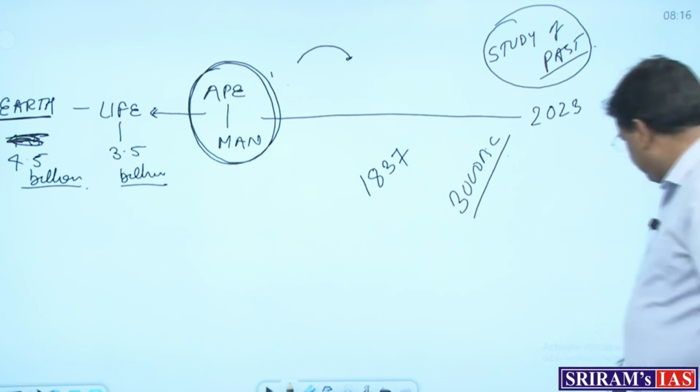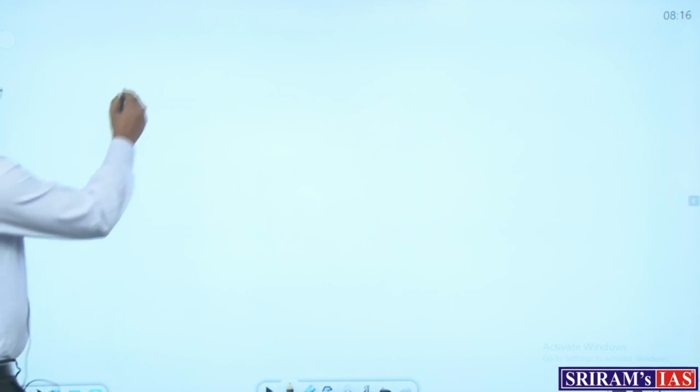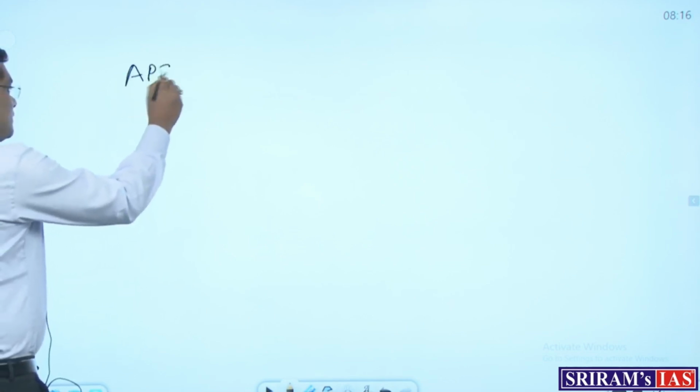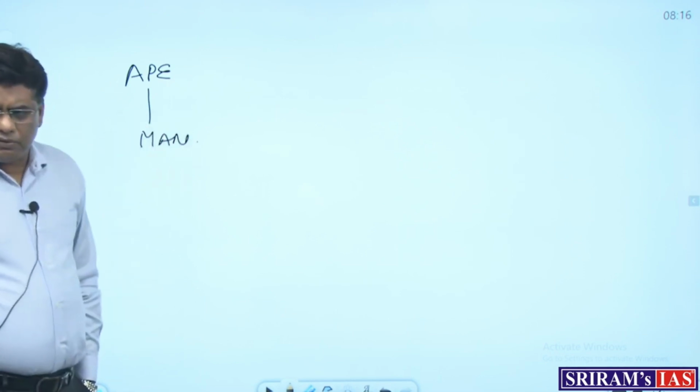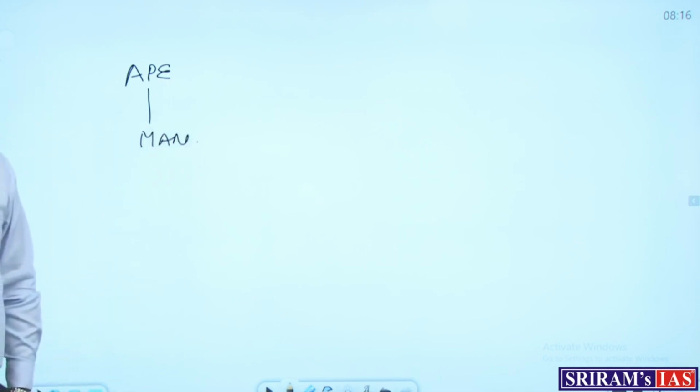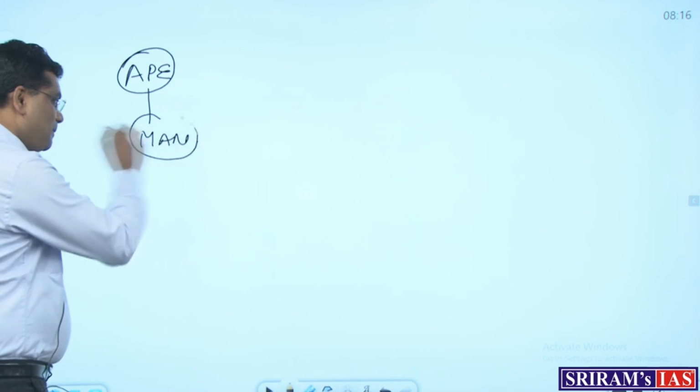Ever since Darwin, he was the person who proved this theory related to the ape ancestor of human. Darwin also said the same thing, and human activities also prove that ape is ancestor of man.